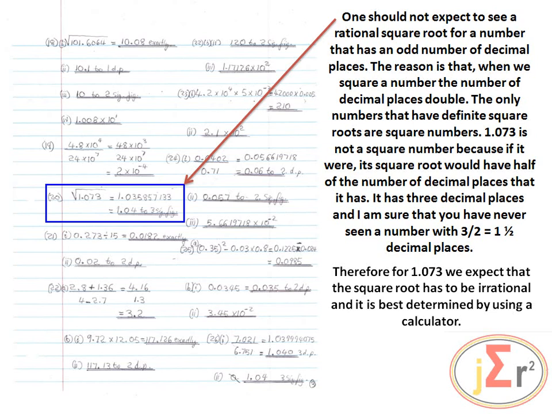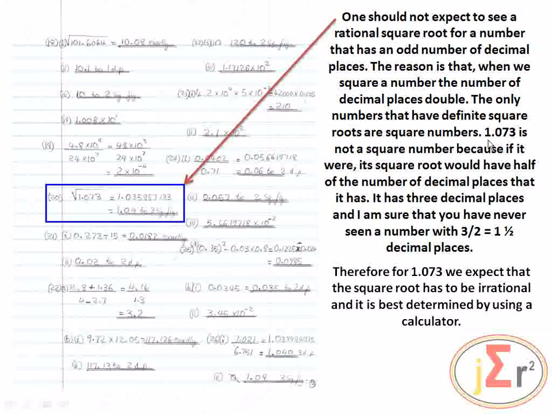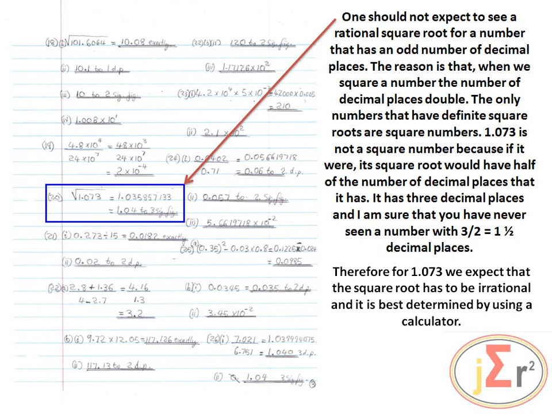The square root, if it exists, will have half of the number of decimal places. We have 3 decimal places. A half of 3 is 1.5. We have never seen 1.5 decimal places. Therefore, the square root of this number is not rational, and we will move to our calculator.